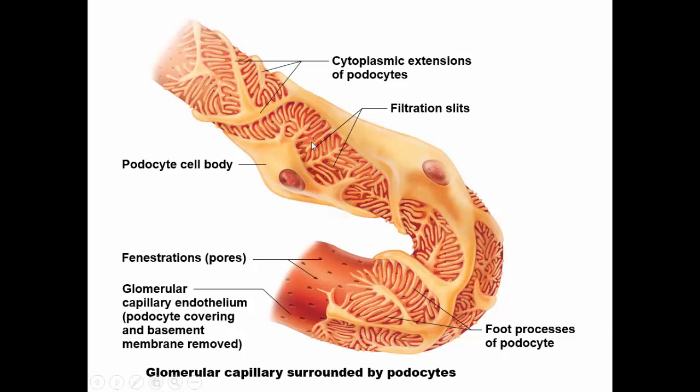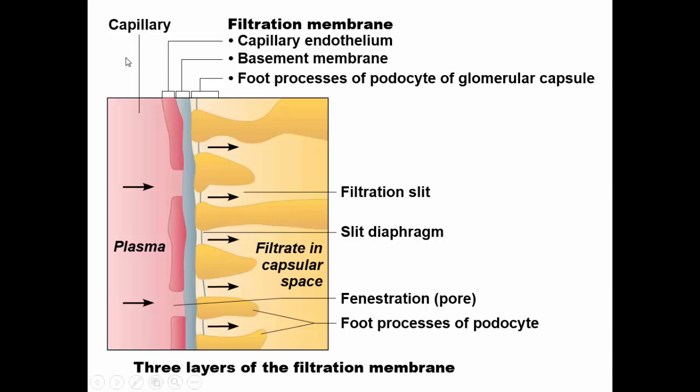Now this is a closer view of those podocytes. See their little foot-like processes, they stick out, and these are the little filtration slits, and there are special little membranes on them that help keep molecules from getting through. In this schematic drawing, plasma on one side, which has hydrostatic pressure pushing on it, and the fenestrations allow a lot of stuff through.